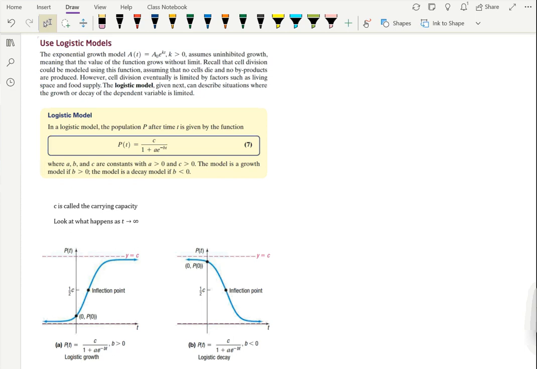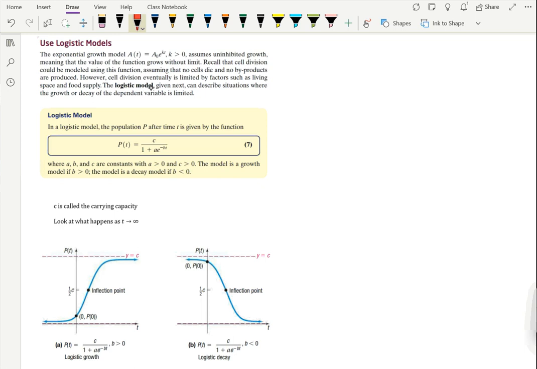That would be problematic. One of the things that we recognize as far as situations that occur in nature is that if we're talking about cell division, and in this particular case we are, recall that cell division can be modeled using this function, assuming though that no cell dies and no byproducts are produced.